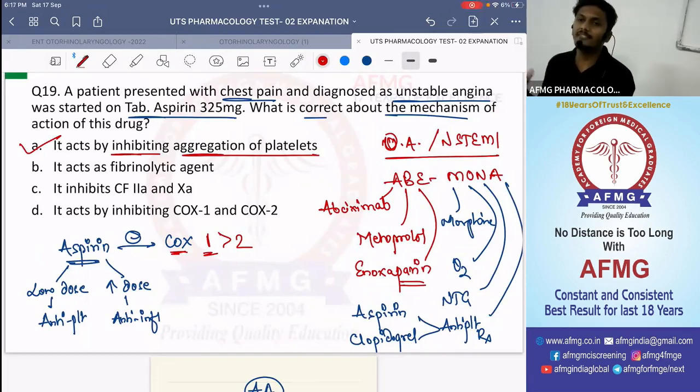What is the final action? Even if it is inhibiting cyclooxygenase, it is decreasing the production of thromboxane A2 and finally leading to inhibition of aggregation of platelets. This is a previous year NEET question. Please remember, if I compare, the better answer would always be inhibition of aggregation of platelets. Okay? No problem.